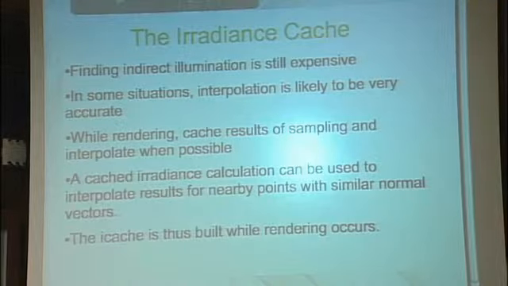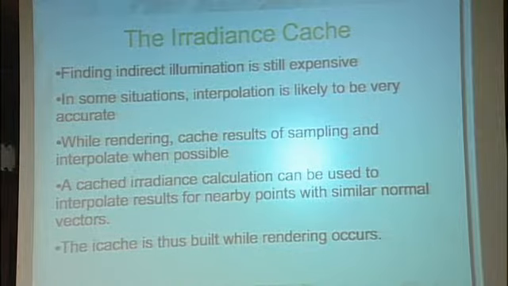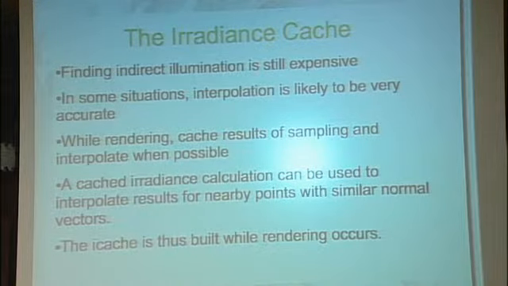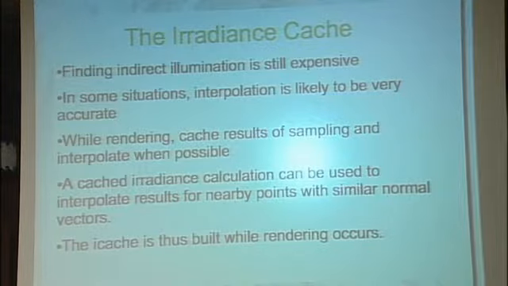All right. So it turns out, even with building a photon map and then randomly sampling the photon map, calculating the irradiance can still be very expensive. So what we've implemented to speed that up is what's called an irradiance cache. The way the irradiance cache works is there are certain areas on objects that will have pretty much the same irradiance levels, so you can interpolate from nearby points.